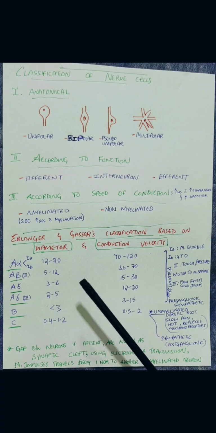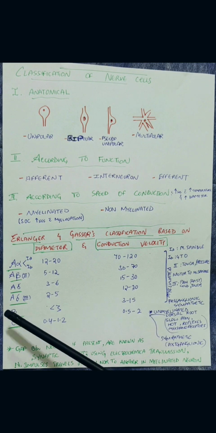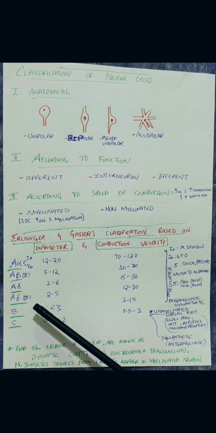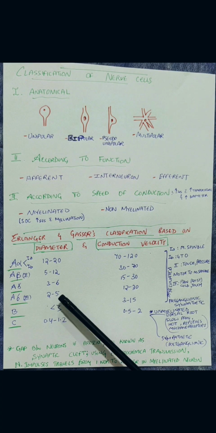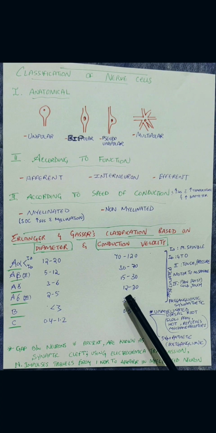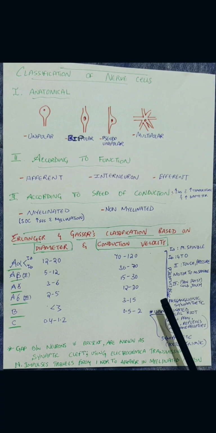There is A gamma having 3 to 6 diameter and 15 to 30 conduction velocity. There is A delta, that is the third nerve cell, that has 2 to 5 in diameter and conduction velocity being 12 to 30, and covers pain, the fast pain sensations, cold and touch sensations.